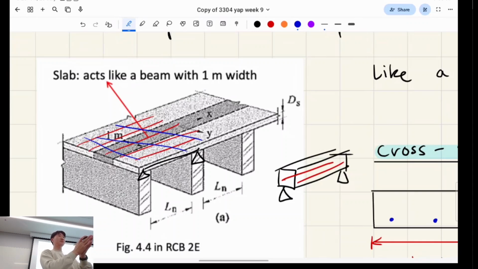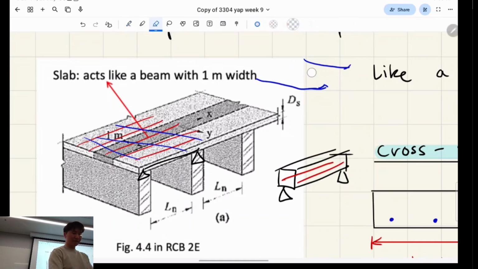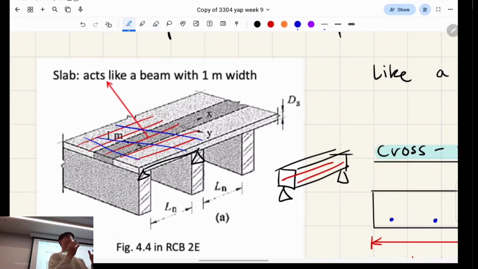If there are forces going the other way, so if the entire thing sags like this, I'm drawing a 3D shape here, it might split apart if we don't have rebar. So these are the cracks forming. It's going to split between the rebar. So the secondary rebar, which is what we call the tensile rebar in the secondary direction, is there so that the cracks don't form. It's actually for crack control. Make sense?